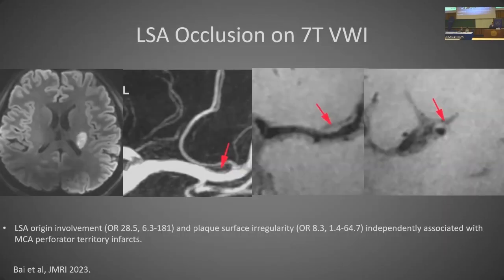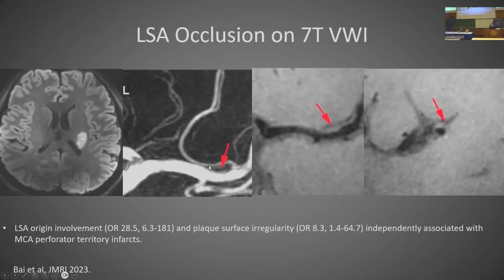And then another study in terms of looking at strokes, where we looked at patients with perforator territory infarcts or corona radiata infarcts on 7T. What we found was that in those patients with those deep infarcts, involvement of the perforator branches as well as irregular surface of the plaque were independently associated with strokes in these areas.